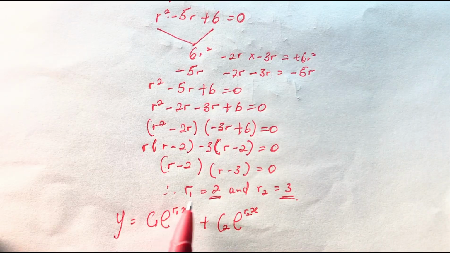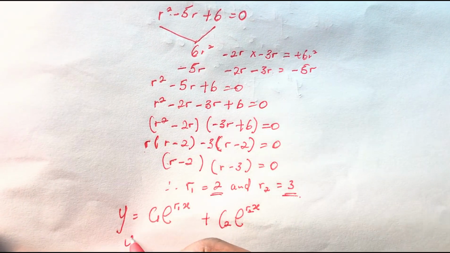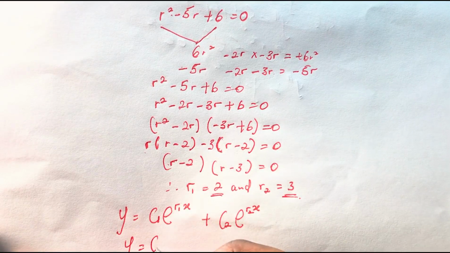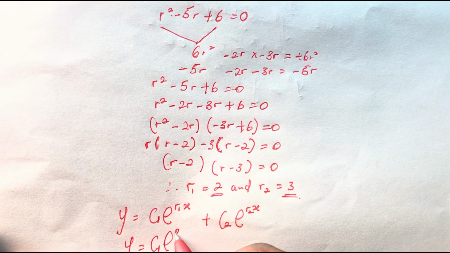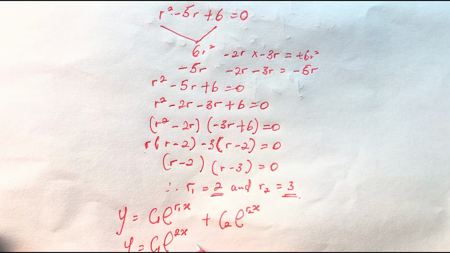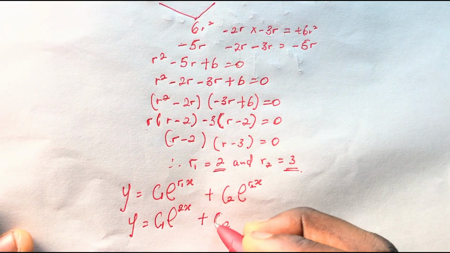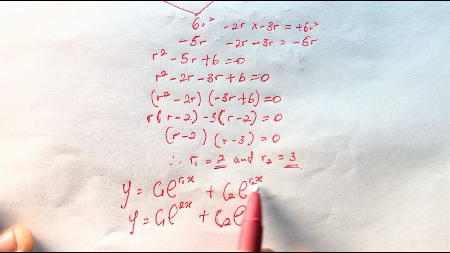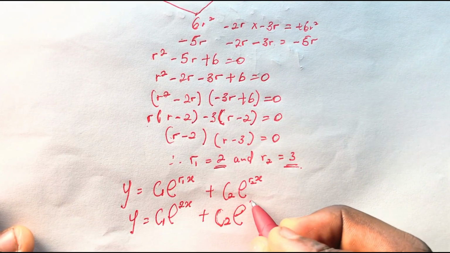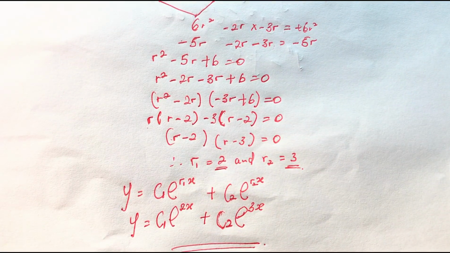We now substitute the values of r into this equation. So y equals c1 exponential 2x plus c2 exponential 3x, and this is my final answer.